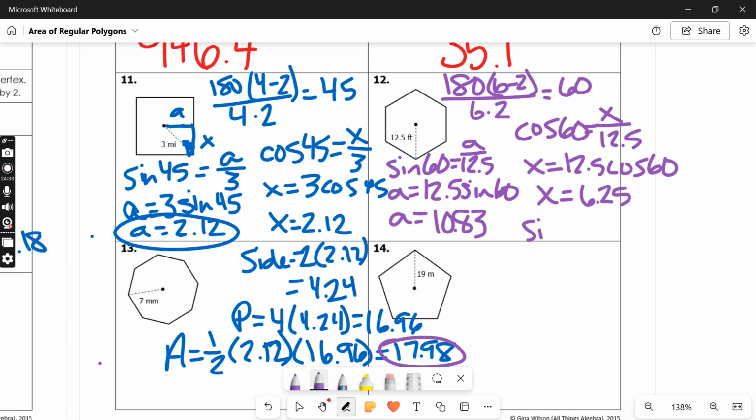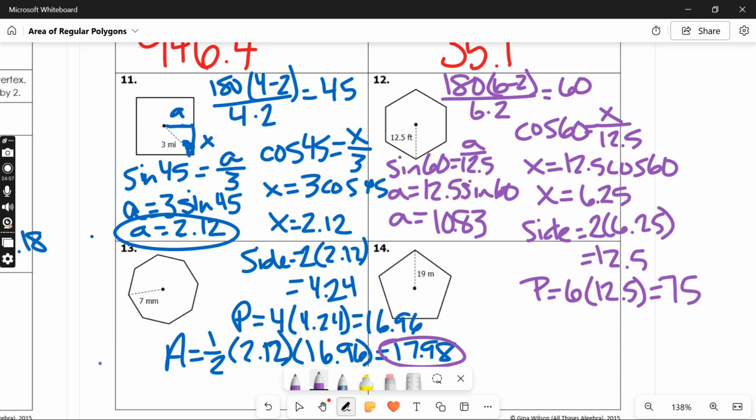Then I can find my overall side length by doing 2 times 6.25, which is 12.5. My perimeter is going to be 6 times 12.5, which is 75.